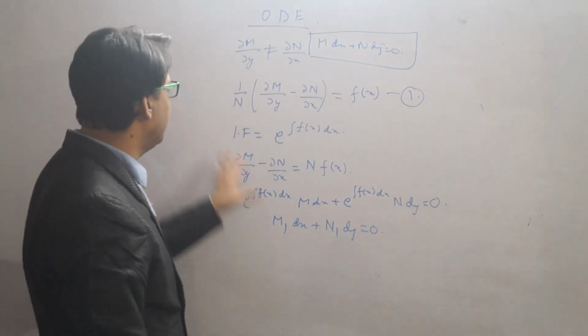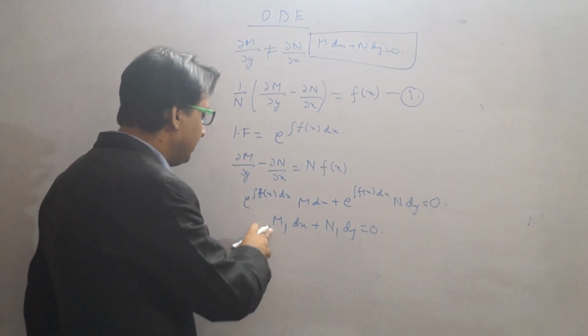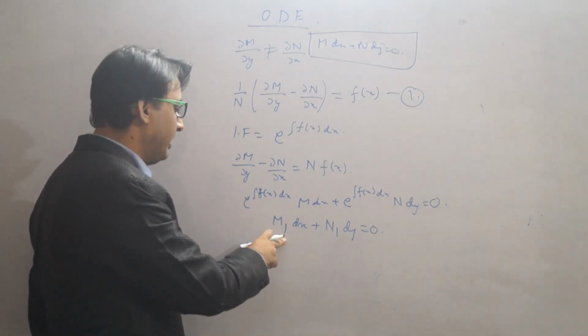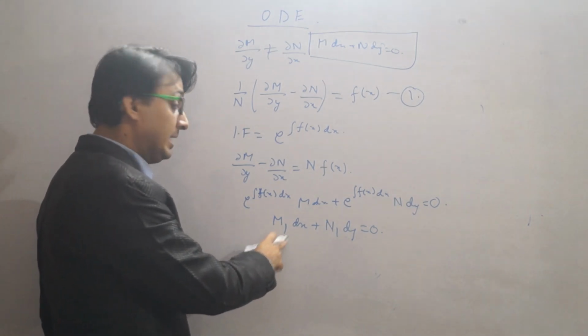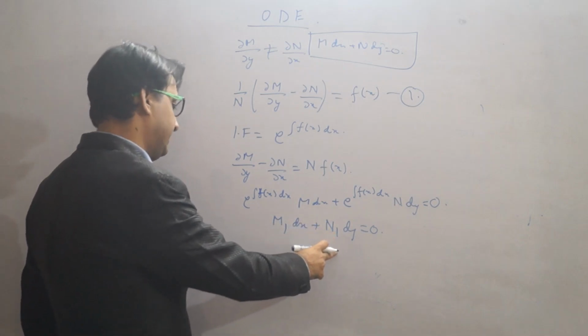Now, by virtue of this integrating factor, it is quite clear that if I take the partial derivative, that is ∂M1/∂y, that has to be equal to ∂N1/∂x.